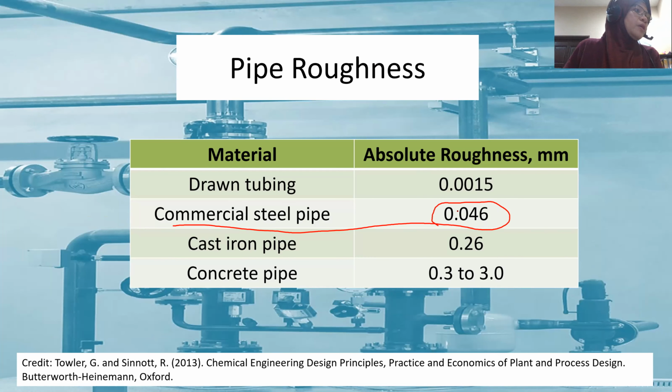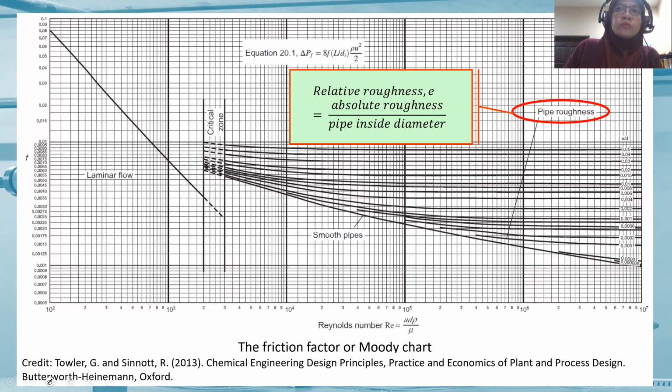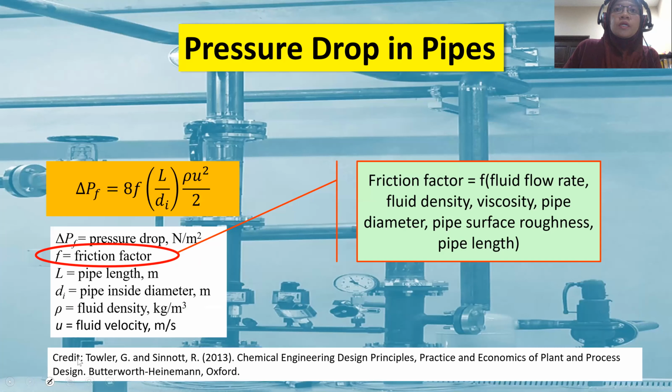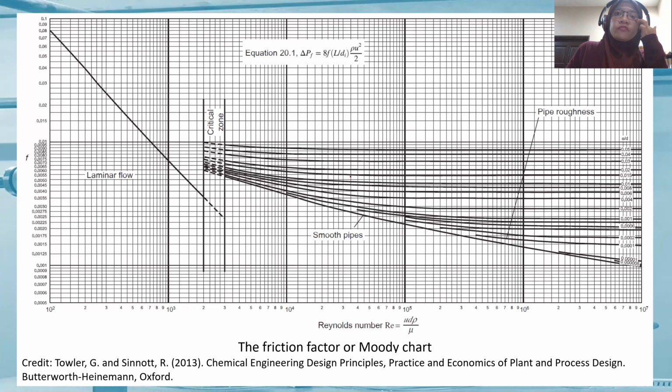And then we're going to find our friction factor, so we are going to use this equation. I couldn't find my pen. Okay, this one. And for this chart, we need to find the friction factor.